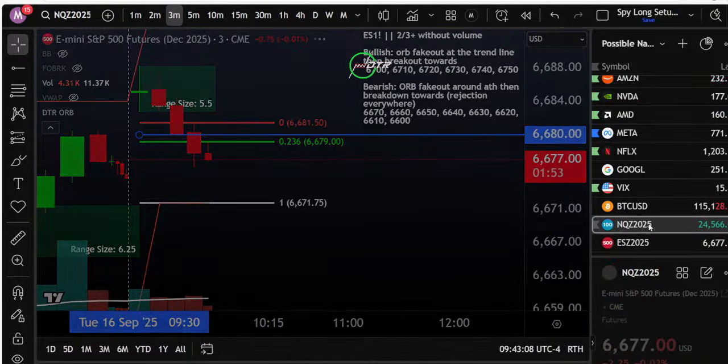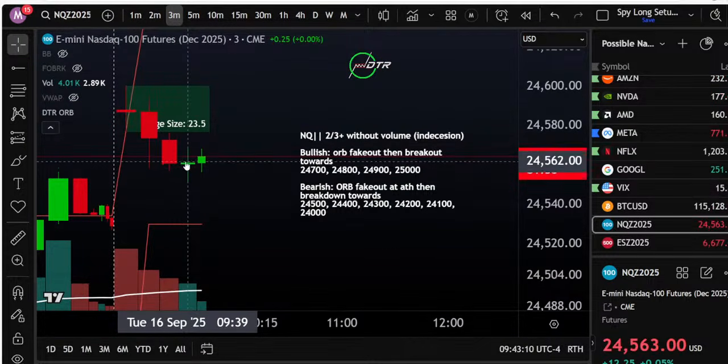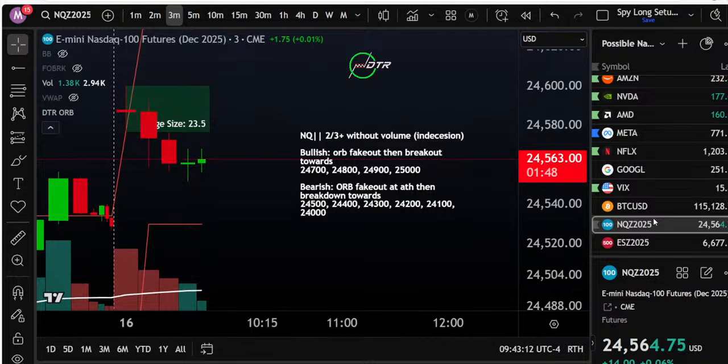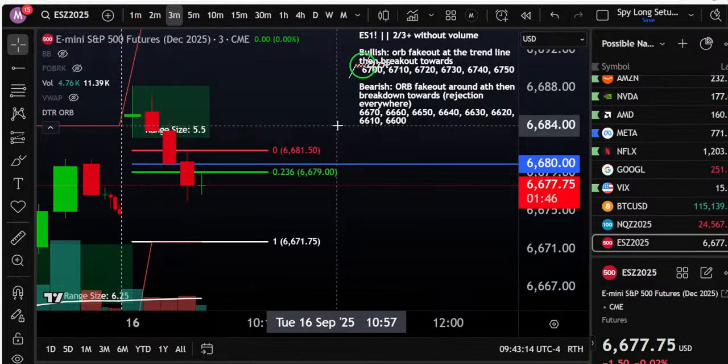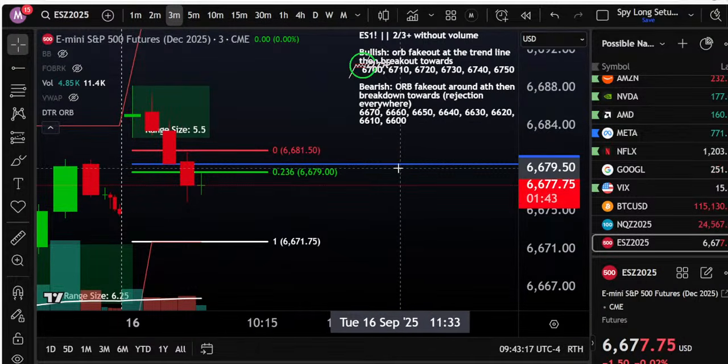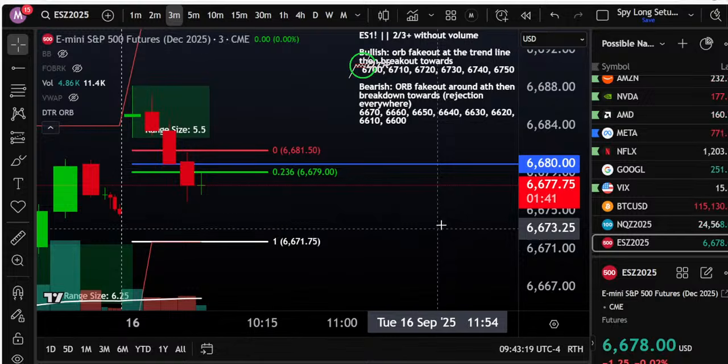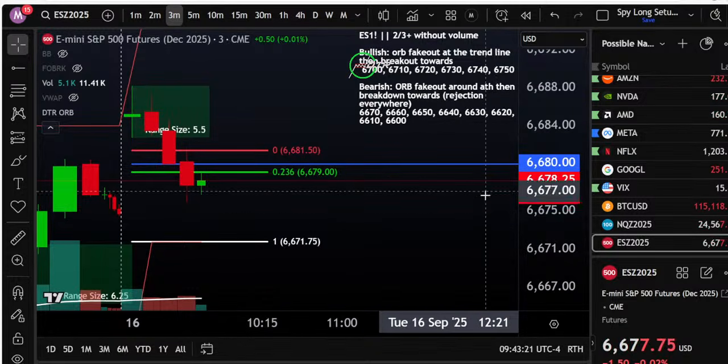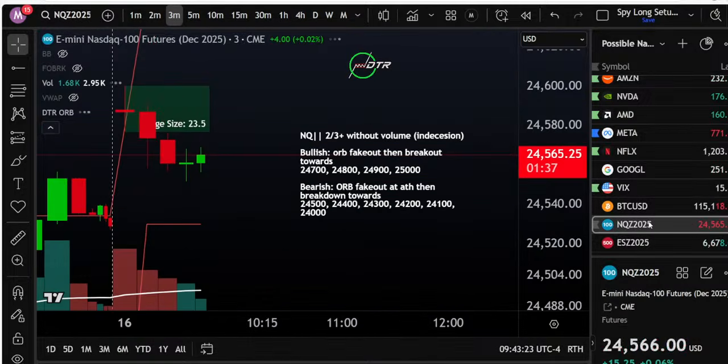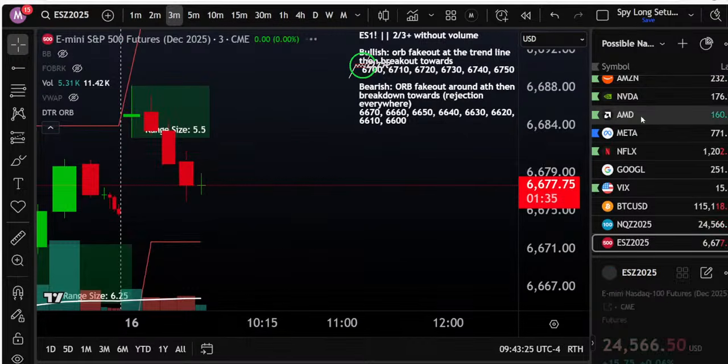I do want to watch for a little bit because I don't like the divergence between ES and NQ. Listening to my heart of hearts here, it's probably going to fake me out before it makes a move.